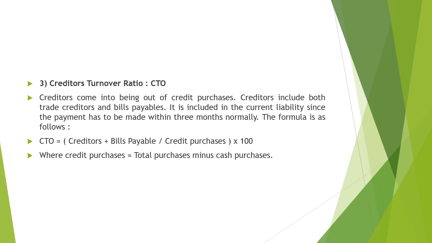So in this case, for the creditors turnover ratio, we can say the lower the ratio, the better it is for us. But in case of debtors turnover ratio, the higher the ratio is good for us. Higher, in the sense for debtors, means that my money is getting converted really soon.